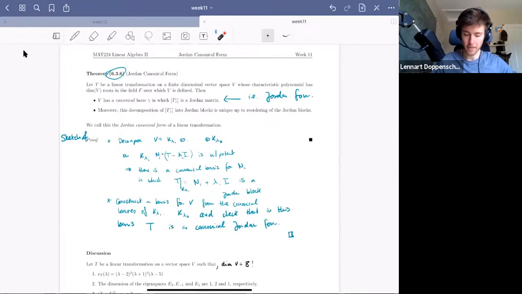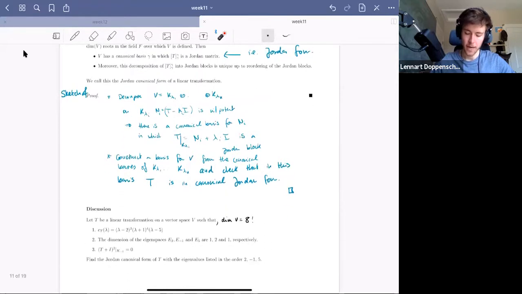But then when we have this, the key step in this constructive proof is to restrict the transformation, subtract the eigenvalues on the diagonal, and then you know that it has to be nilpotent. That's something that we've shown before. And then we can employ the canonical form for nilpotent matrices and nilpotent transformations, which we covered in 6.2.